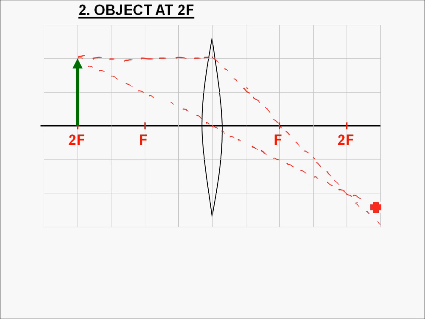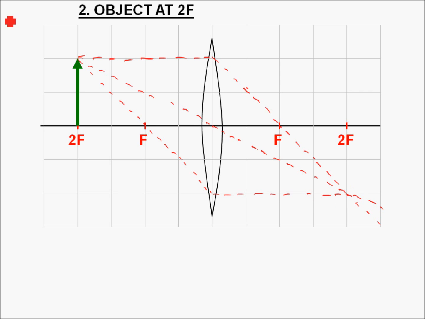It goes smack bang through that. I can already see where the point's going to be, but just for good measure I'm going to apply my third rule, that the line going through the focal point on the first hand side comes out parallel. Oh yeah, it's obvious where that one's going to be now.